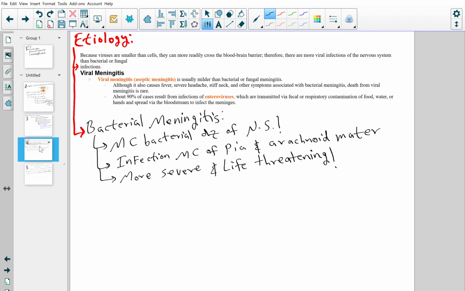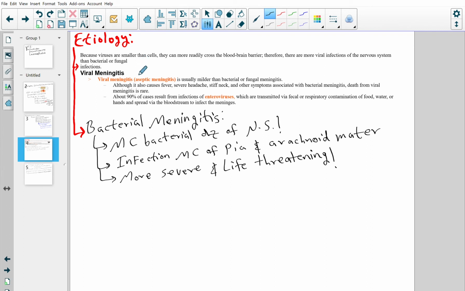Etiology. Because viruses are small, they can more easily cross the blood-brain barrier, and therefore viral infections of the nervous system are more common than bacterial or fungal.